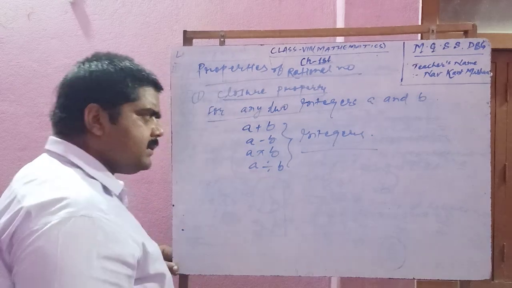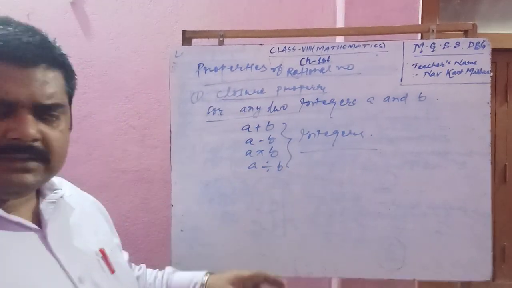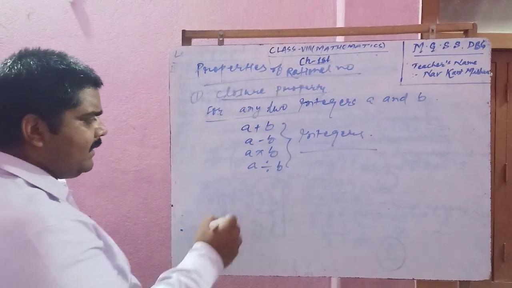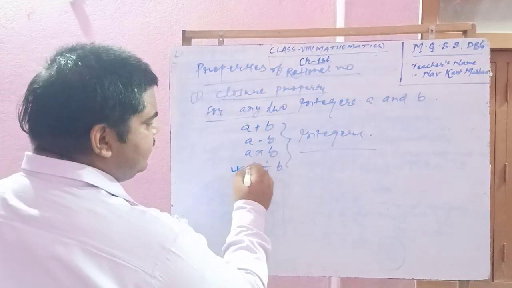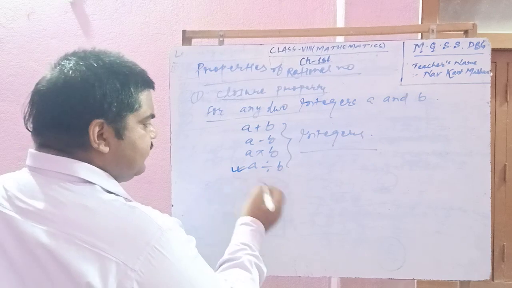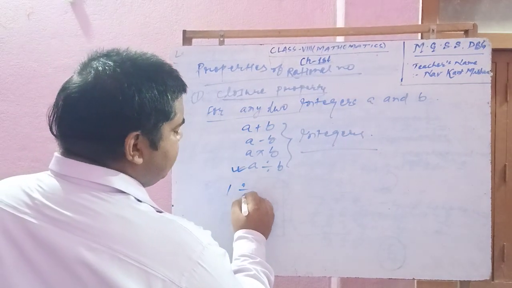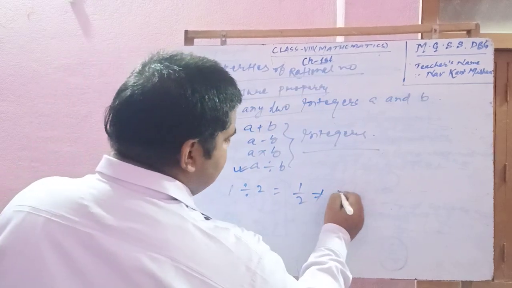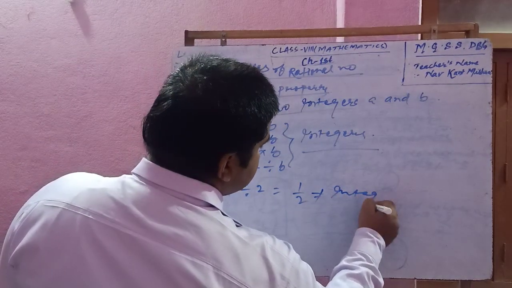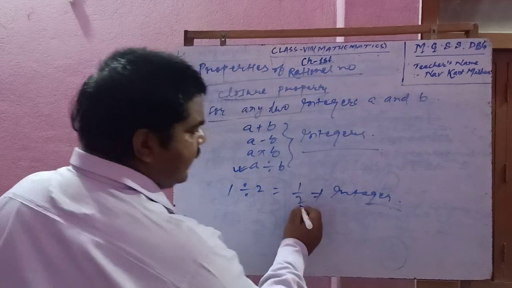But there is only one case where you may contradict, that is division. It may be that 1 divided by 2, that is 1 by 2, is not an integer. It is a rational number.